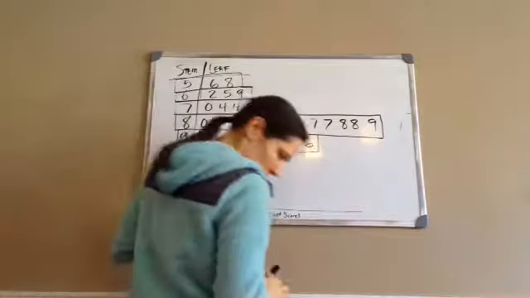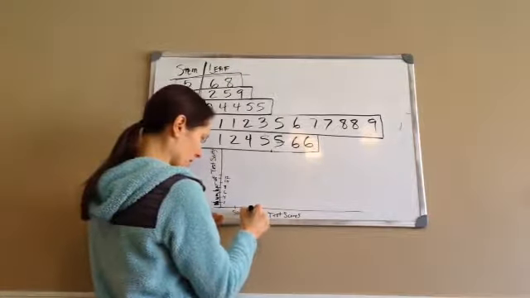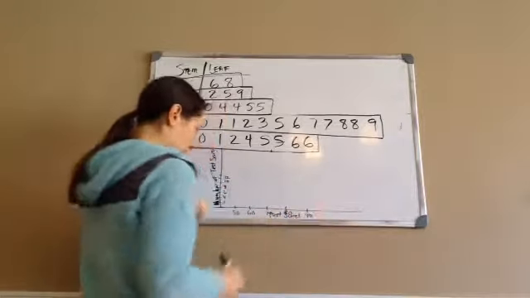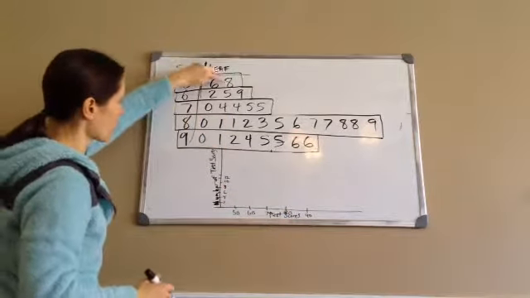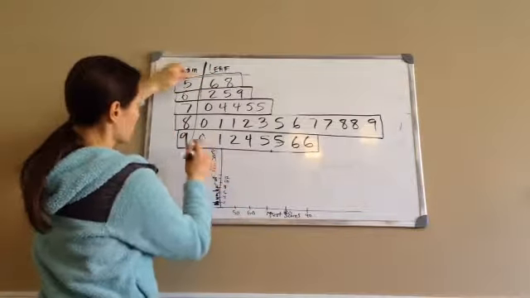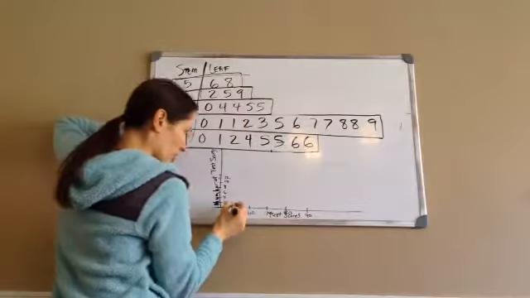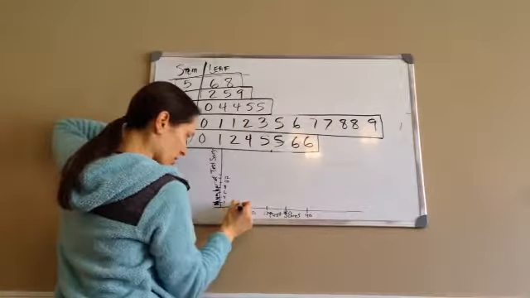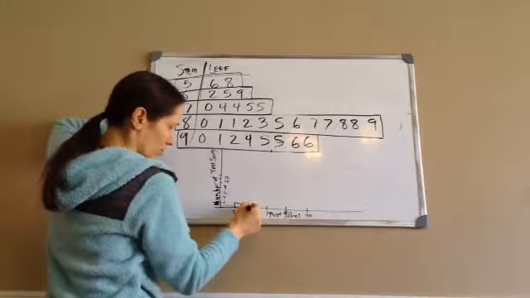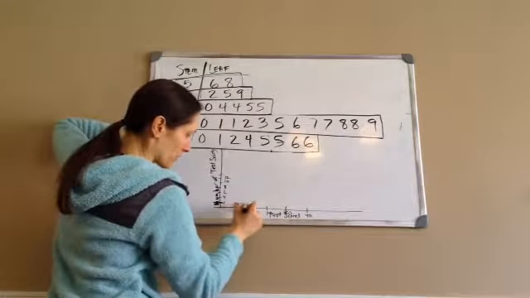And then this would be 50s, 60s, 70s, 80s, 90s. So we have 56 and 58, which would be 2. So I would take my chart and go in the 50s, from 50 to 59. This would be 2, and so I would fill it in.